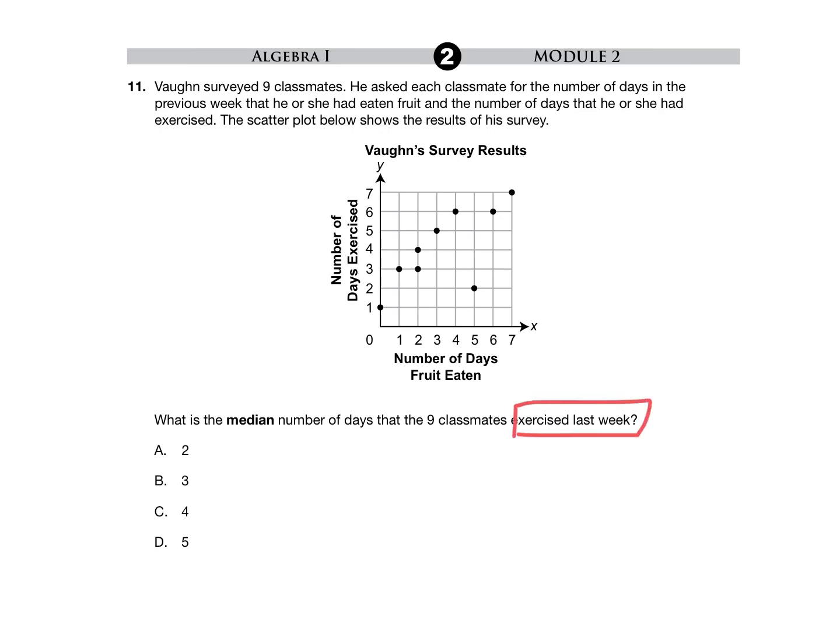So if I want to look at the exercise numbers, I'm going to put these in numerical order, starting down here with this guy. I had one person say they exercised 1 day. Then right over here, I have one person who exercised 2 days. These 2 dots represent 2 people who did 3 days of exercising.